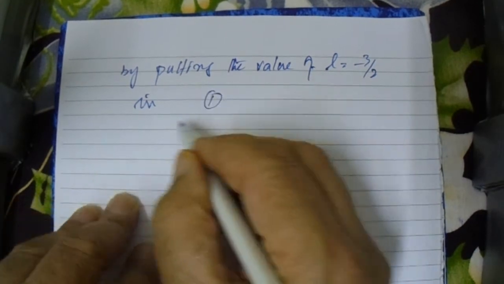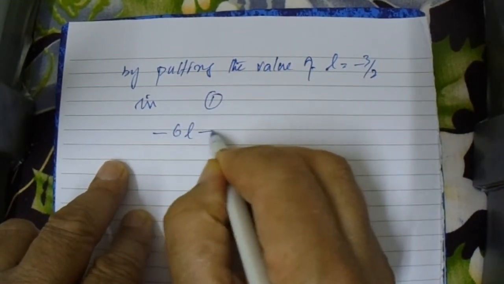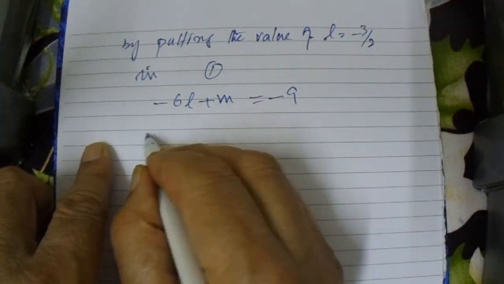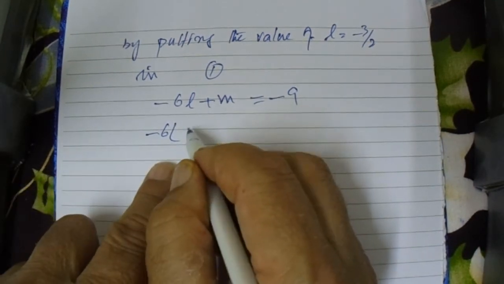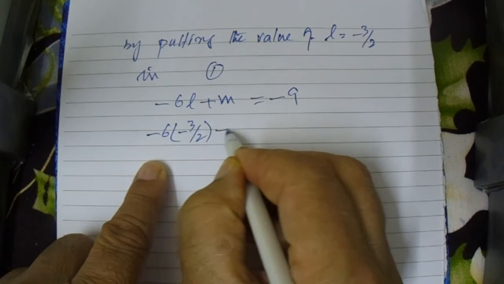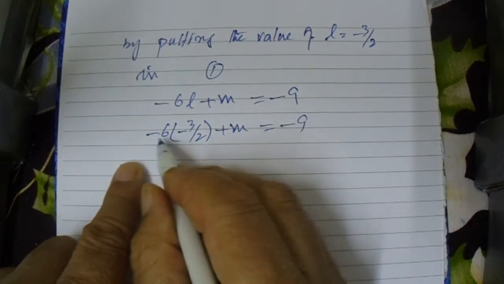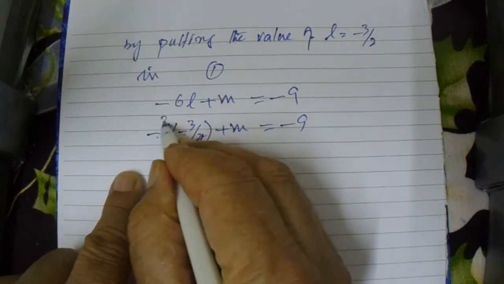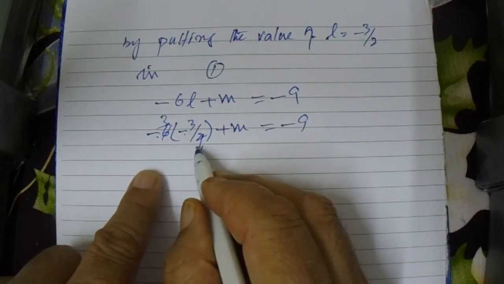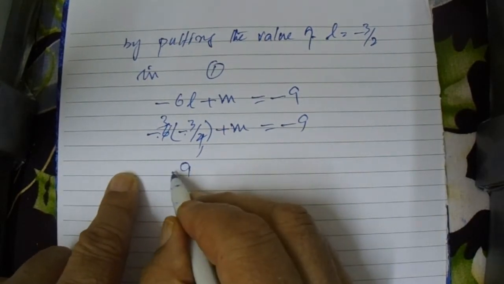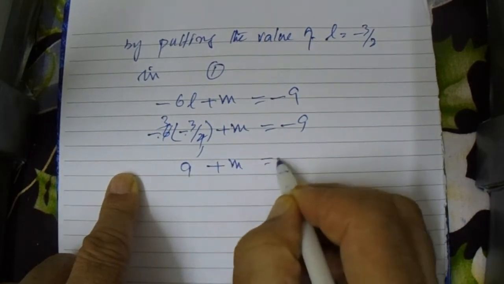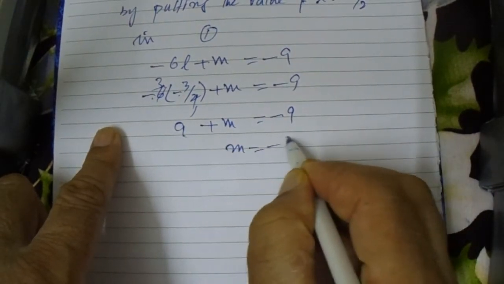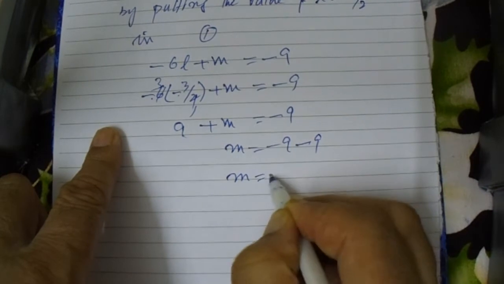Now we write the one equation, minus 6l plus m is equal to minus 9. Now we put this value in this, minus 6 into minus 3 over 2 plus m is equal to minus 9. 2 1s are 2, 2 3s are 6, and this 3 3s are 9. 9 plus m is equal to minus 9, and 9 will go to the right side, and m is equal to minus 9 minus 9, and m is equal to minus 18.